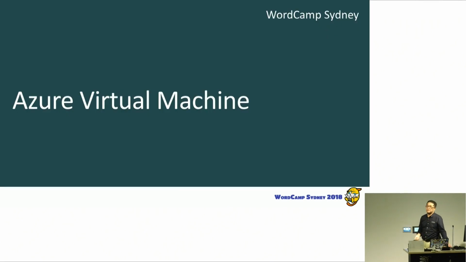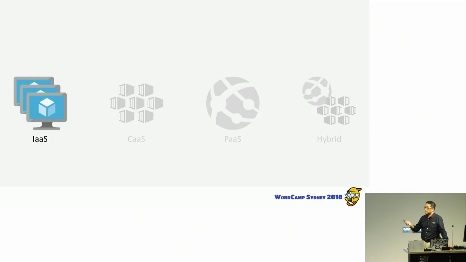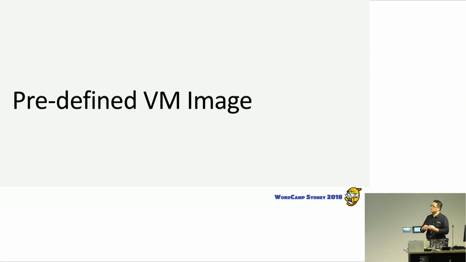Now, think about the virtual machine approach, which is referred to as IaaS. In order to use a virtual machine, we need to have a virtual machine image. Microsoft provides predefined virtual machine images, which can be Windows or Linux, and within Linux we can choose Ubuntu, SUSE, CentOS, whatever.